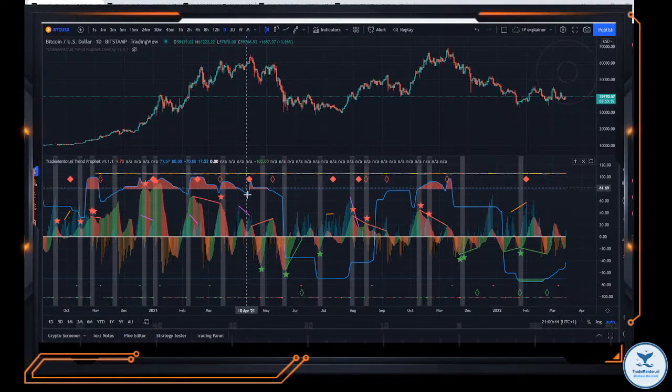So the higher the time frame, you might want to drop it a bit lower. Like for instance, if we drop it to, let's say, probably 70 is a good point.